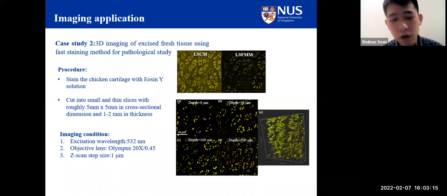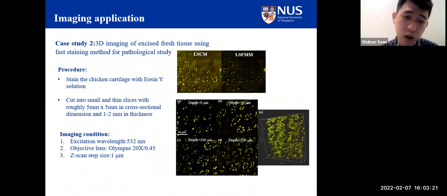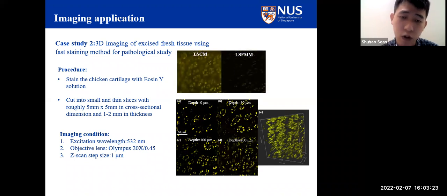Yeah, it's a very good question. Usually, with a live tissue sample, we don't know if the tissue is still alive after we do the clearing. So sometimes we prefer not to clear first.